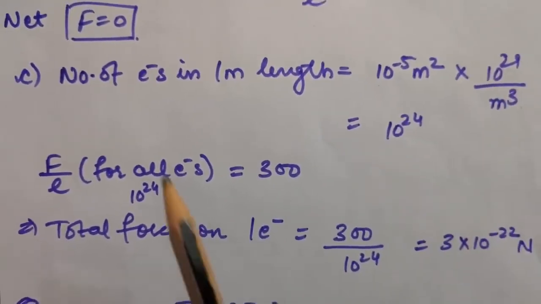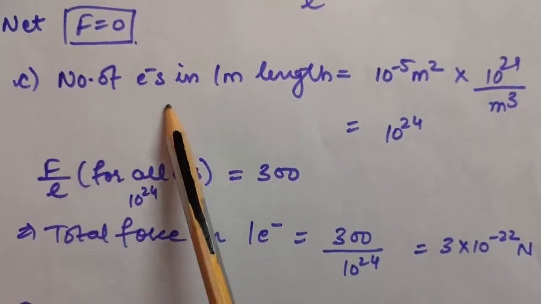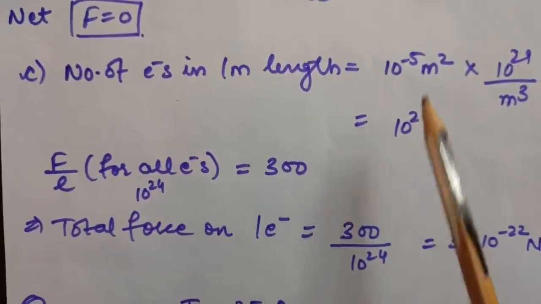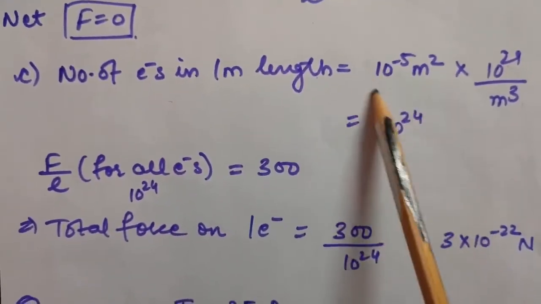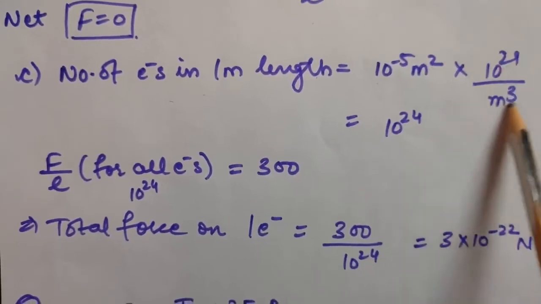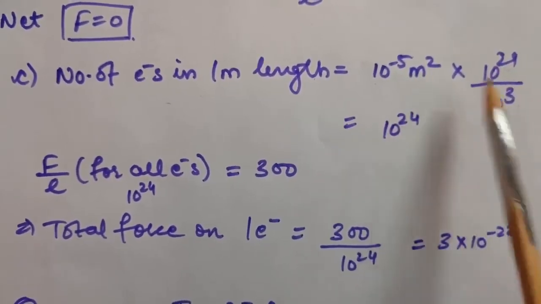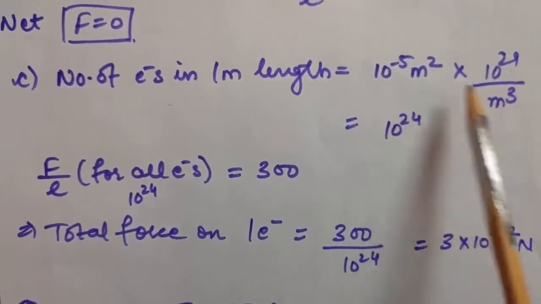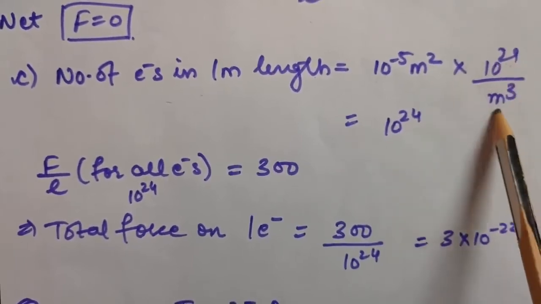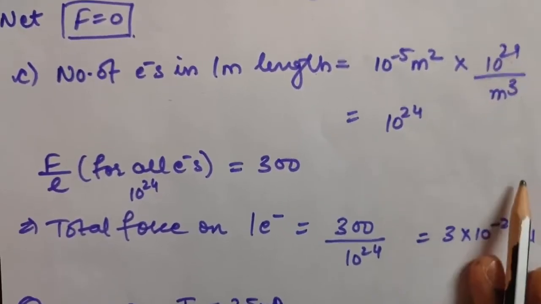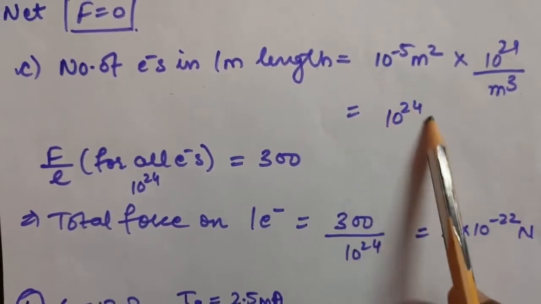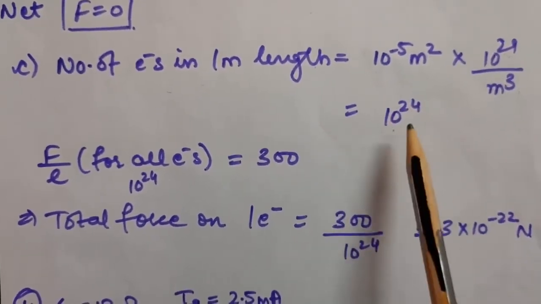So if I want to calculate the number of electrons in 1 meter length, that will be equal to area of cross section into number density of electrons, because when you cancel the units out, you will get the number of electrons per unit length.